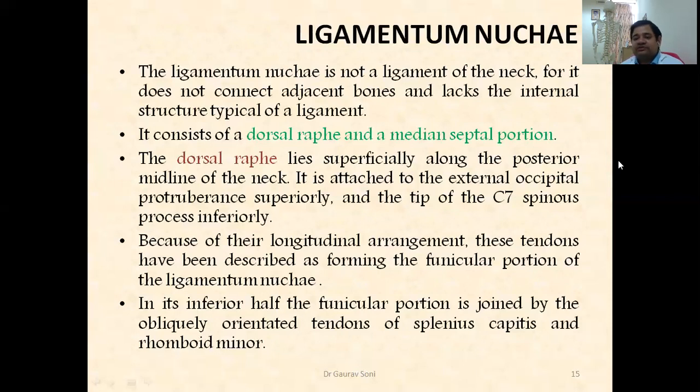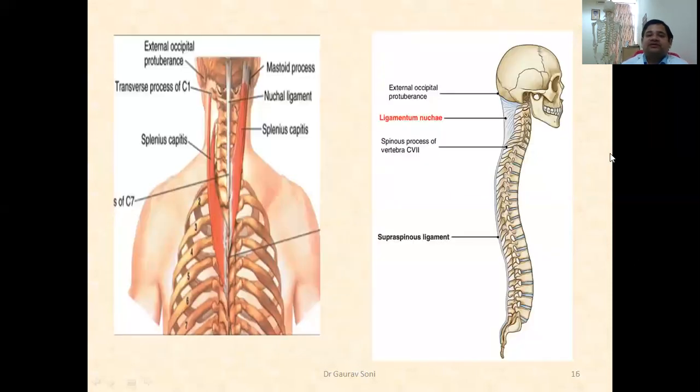Because of the longitudinal arrangement, the tendons have been described as following the funicular portion of the ligamentum nuchae. In its inferior half, the funicular portion is joined by obliquely oriented tendons of splenius capitis and rhomboid minor. So some muscles are also going to be attached here, and in the next slides we are going to see that many muscles actually have their origin from this particular point. You can see the diagram. This is the EOP.